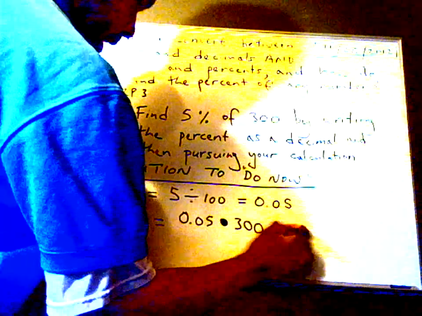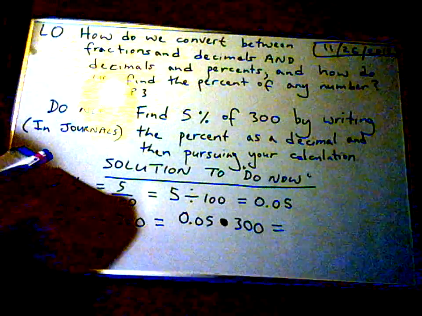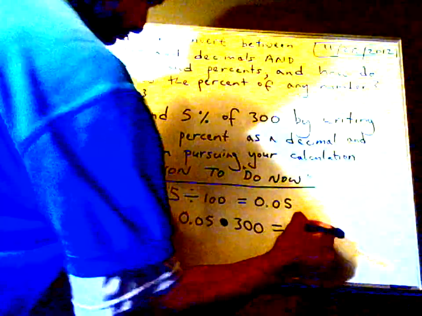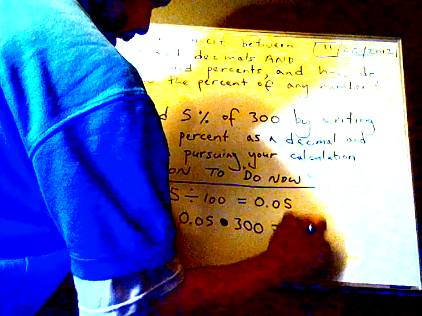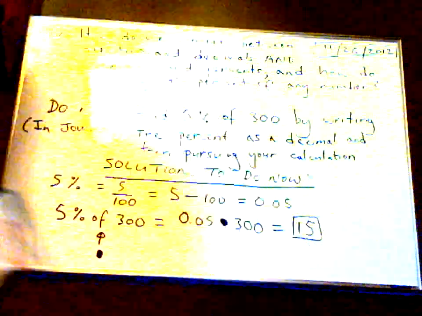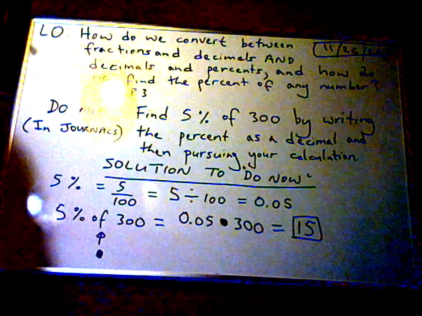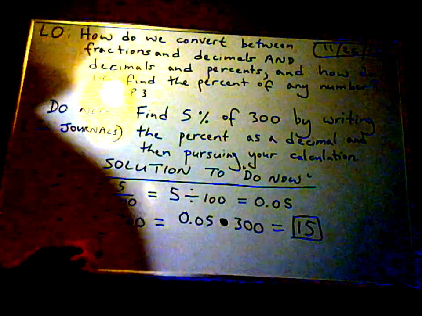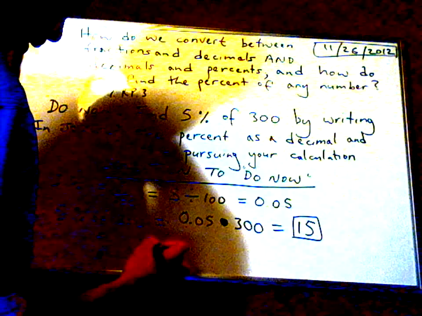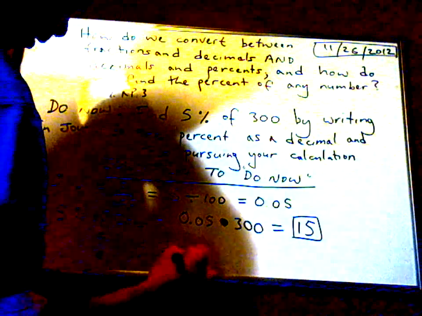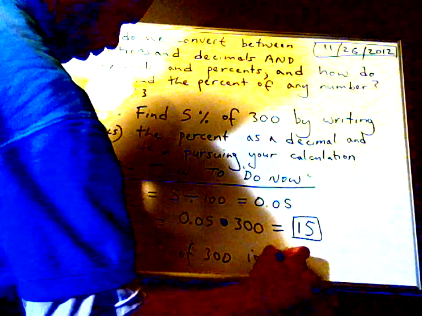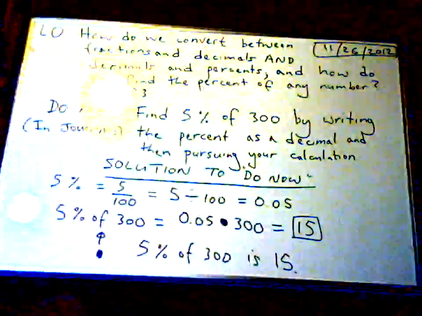When we do that, we get that the answer is 15. So 5% of 300 is 15.